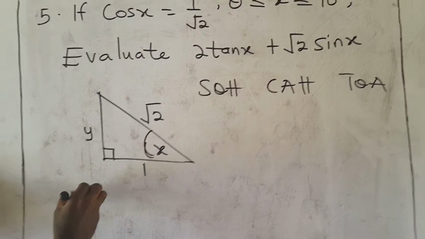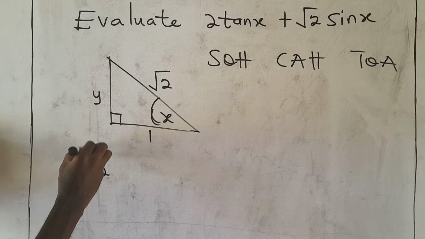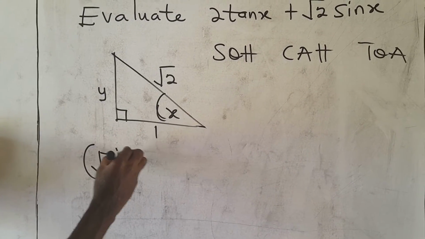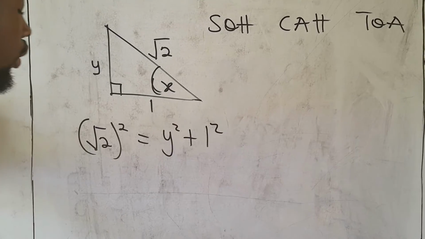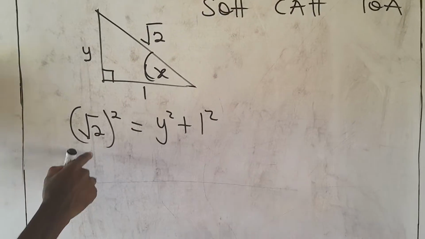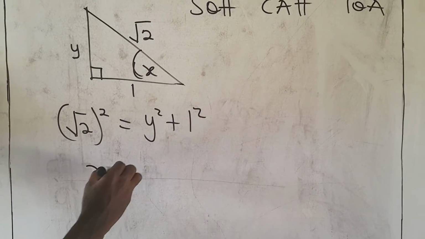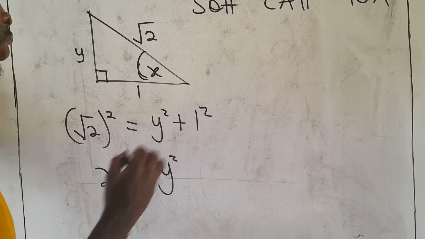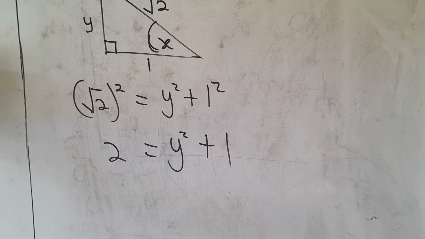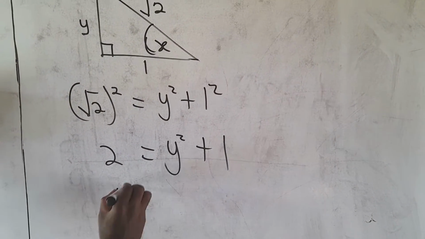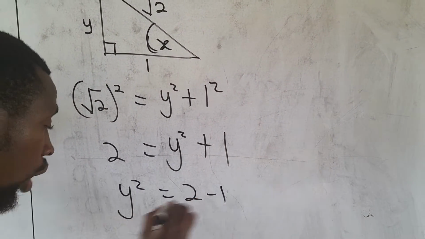So remember from Pythagoras theory, the hypotenuse, which is root 2 all squared, will be equal to y squared plus 1 squared. So remember, root 2 squared will be 2, equal to y squared plus 1 squared, which is 1. So we can say y squared is equal to 2 minus 1.